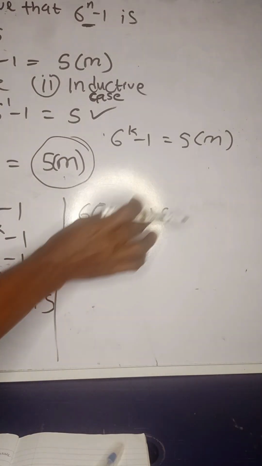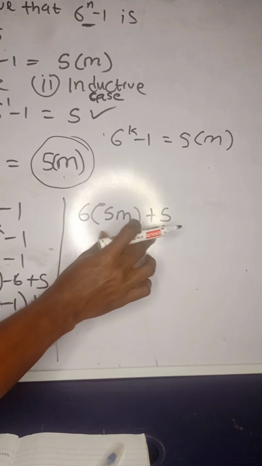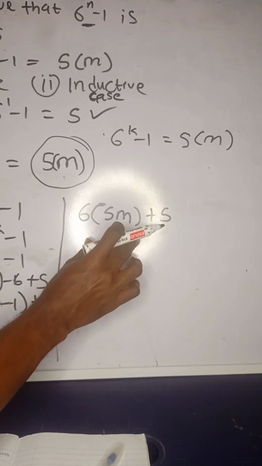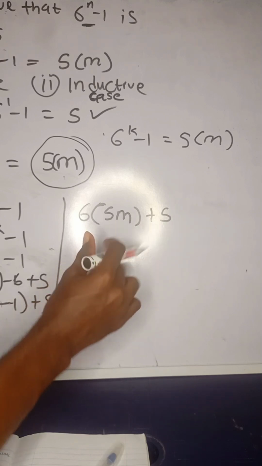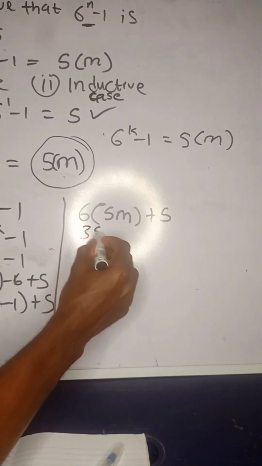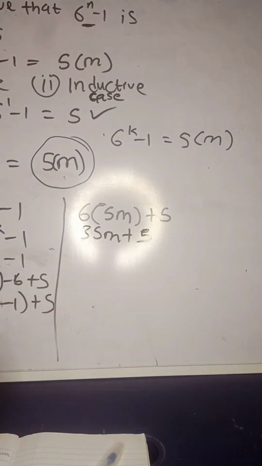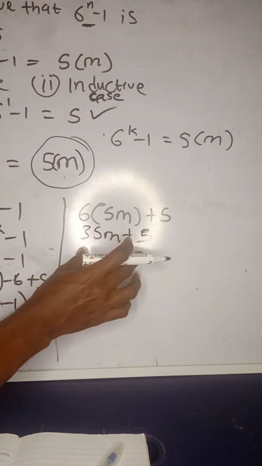So we are putting this 5m in place of this. So 6 times 5 will have 30m plus what? 5, right?